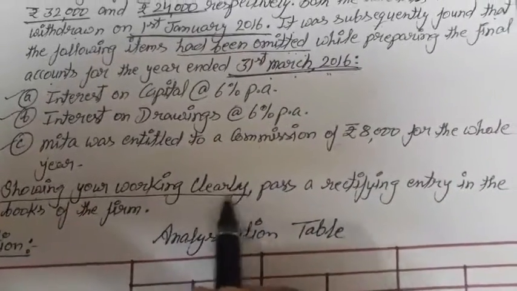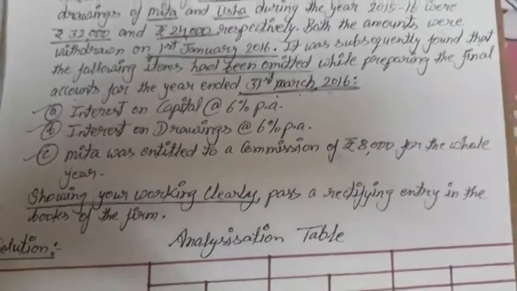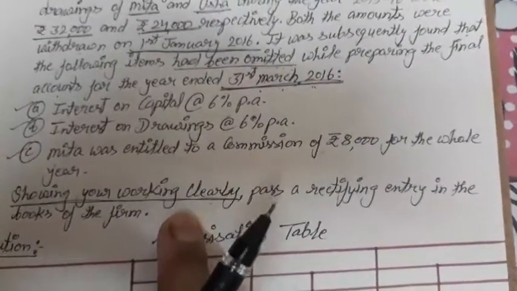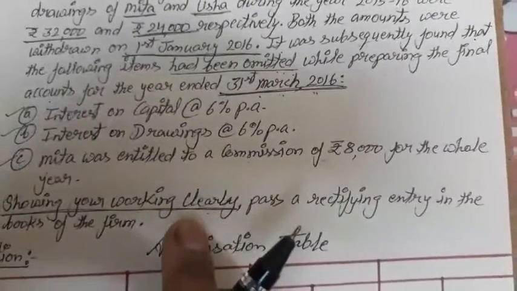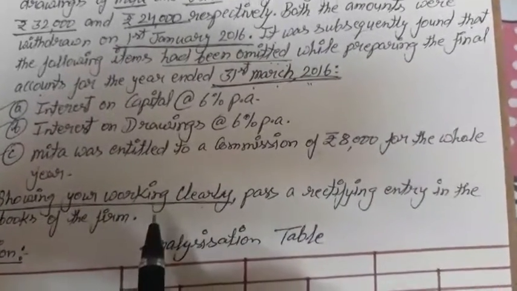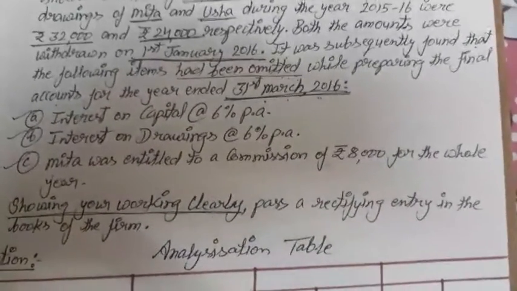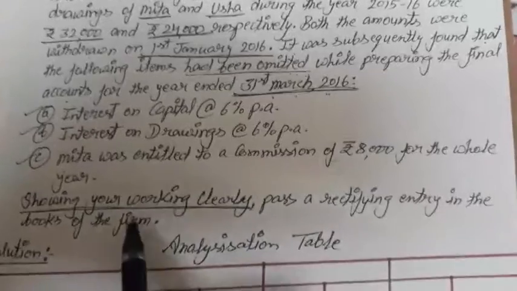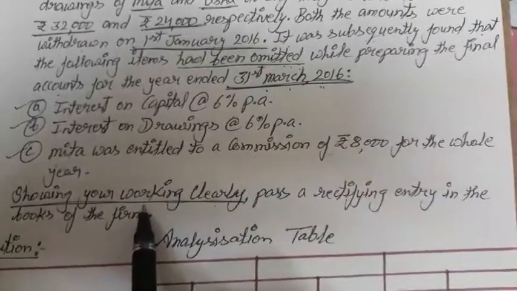It means this gets the weightage of marks. So you have to do this work fairly, because marks will be awarded for your working notes, whatever working notes you make for the solution of this question. So the working note is also considered for marks.